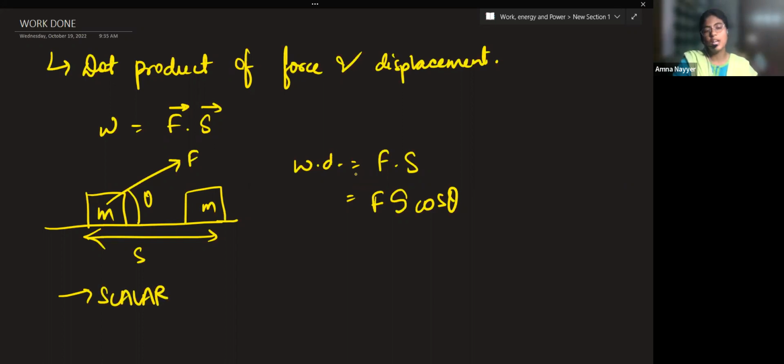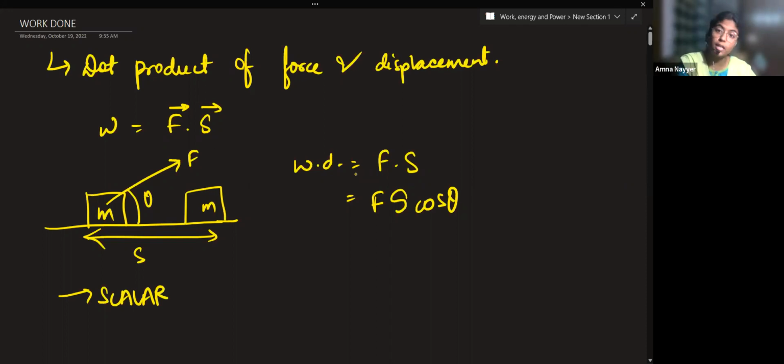As soon as any of the quantities become scalar, the limitation of solving with the parallelogram law, triangle law, all these laws goes away, because vectors cannot be solved directly algebraically. Now here, since work done is scalar, one big load becomes easier. You just have to focus on the magnitude. You're not so much concerned with the direction.